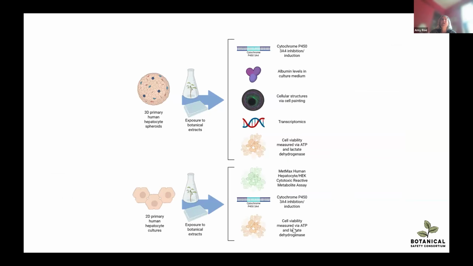We are really fortunate, I think, in the hepatotoxicity working group that we have two models involving hepatocytes, 3D hepatocytes and 2D hepatocytes. We're focusing just on human hepatocytes, but of course, hepatocytes are available from multiple species. These models have been used, in some cases, with the 2D, for decades.